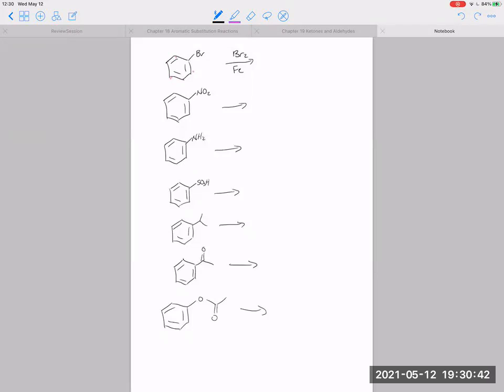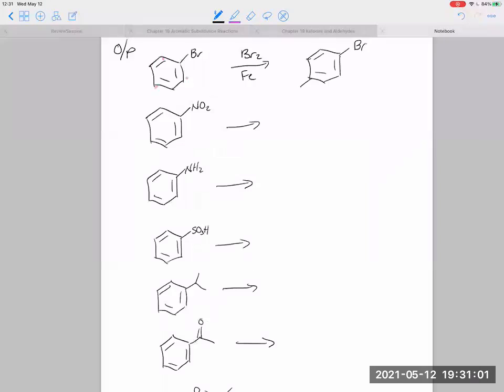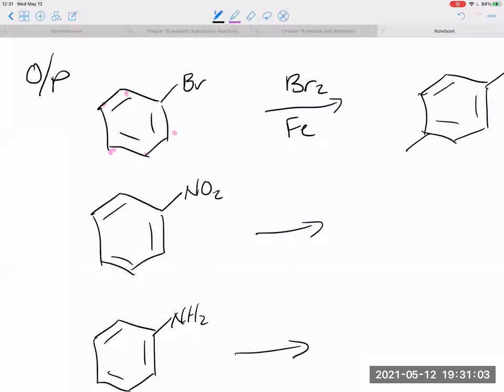Okay, so bromine is going to be, I'm going to abbreviate here, ortho-para. So in that case, you would expect it at either the ortho or para position. Real quick, on our bromine here, let's just label what's what. Where's the ortho position?